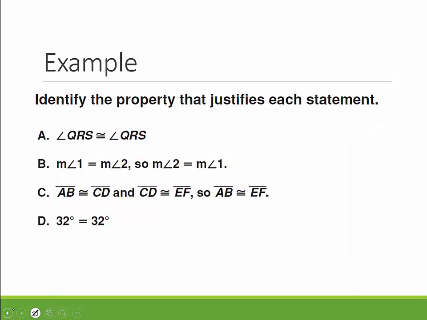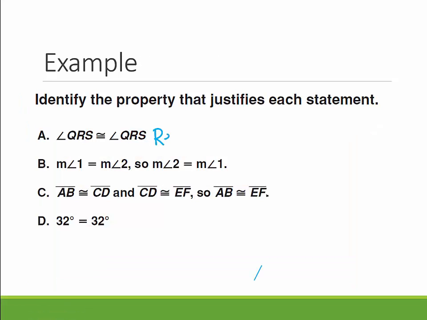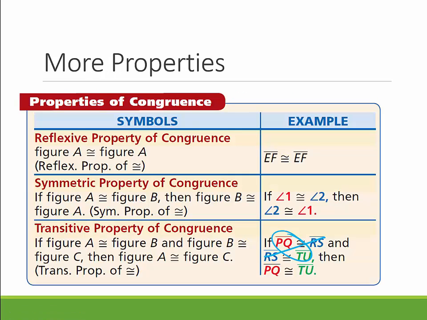So identify the property that justifies each statement. Angle QRS is congruent to angle QRS. That right there is the reflexive property. If the measure of angle 1 equals the measure of angle 2, the measure of angle 2 has to equal the measure of angle 1. If you look back here, that's the symmetric property.